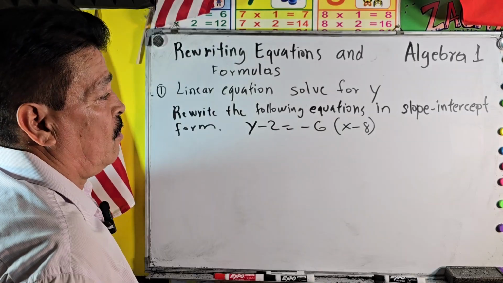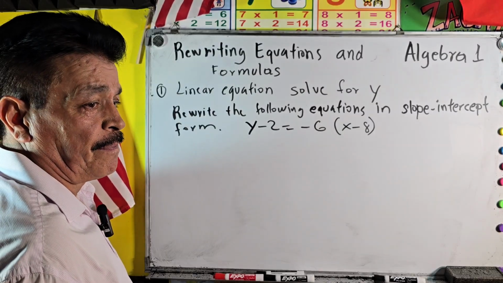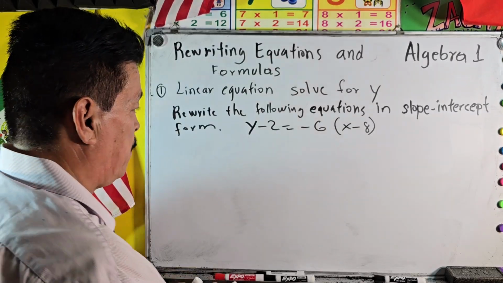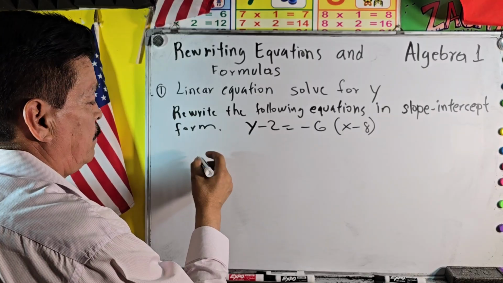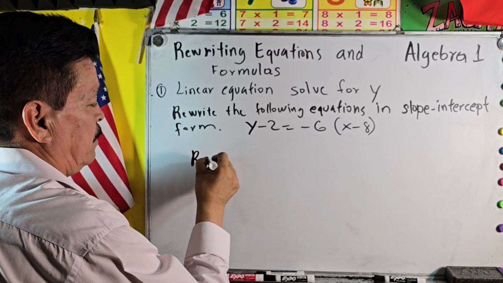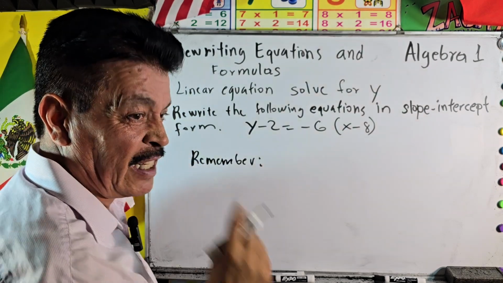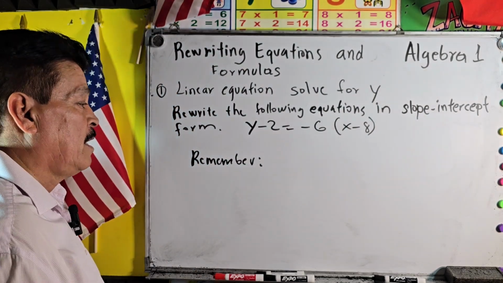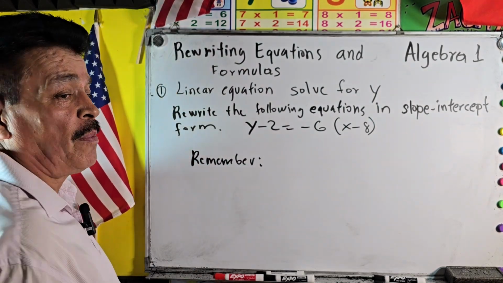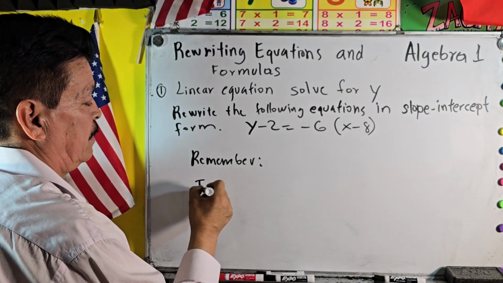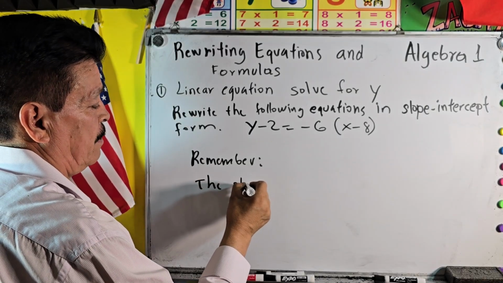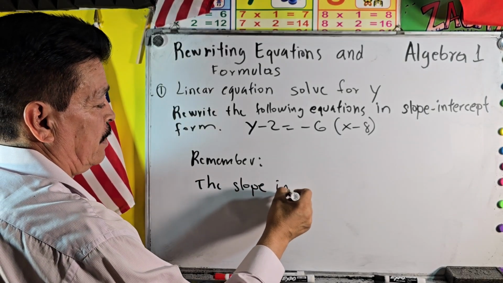All right. So just to remember, we have to remember some ideas here. We have to remember this clue for our class today: the slope-intercept form.